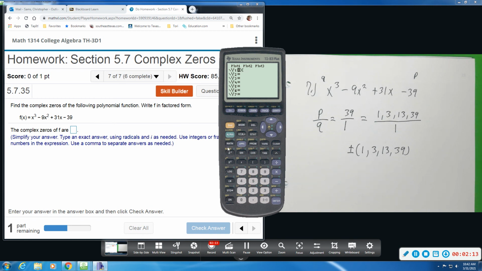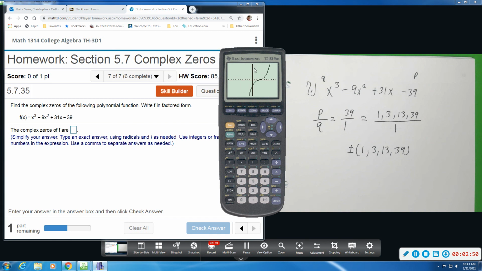So we have x to the third power minus 9x squared plus 31x, and then minus 39. So I will either see it cross around 1 or 3, or if it crosses at 13 or 39, I will have to expand my window because my viewing window only goes out to 10. So let's graph and see what we see.